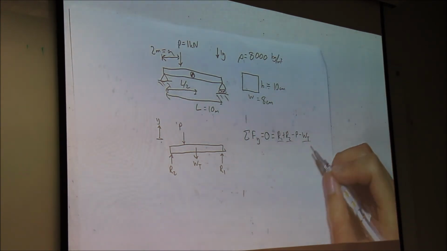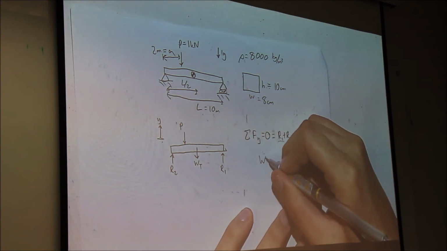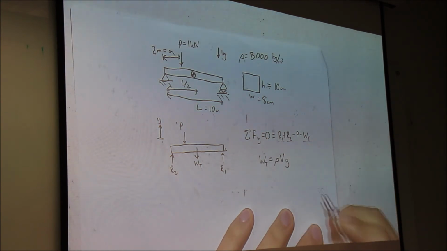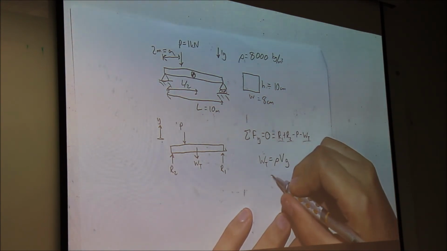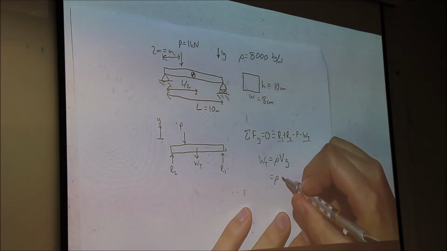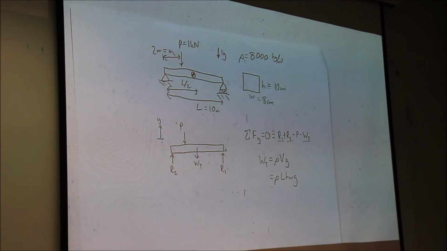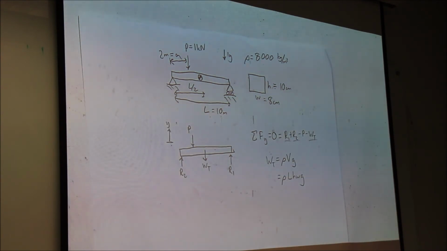So weight total is equal to density times volume times g, because this is mg, and we know that this is equal to rho times LHWG. We know what all these values are, so let's leave it at that for now.